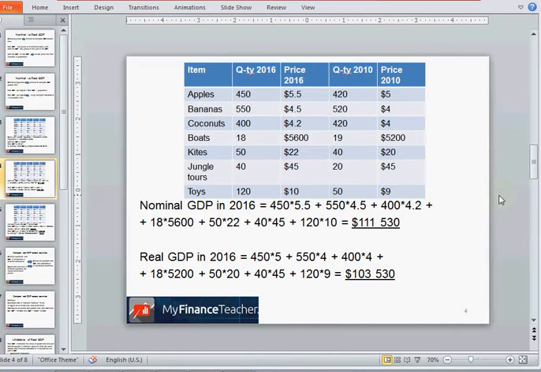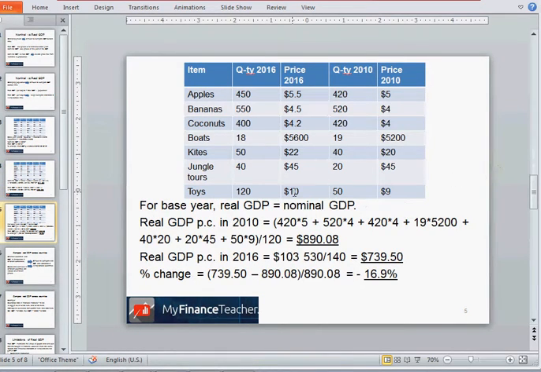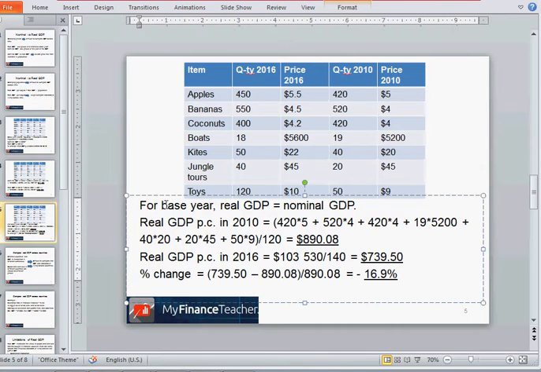Third question was about the percentage change in real GDP per capita from 2010 to 2016. In that case, we would need to find the real GDP per capita for those years. Since 2010 is the base year, the real GDP will be equal to nominal GDP for the base year.